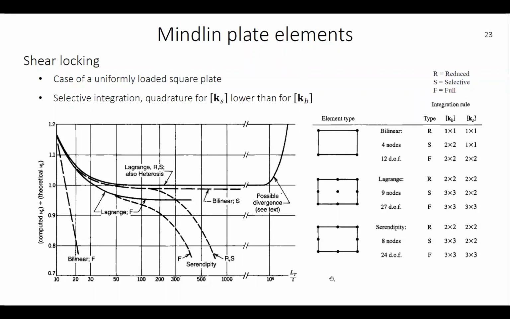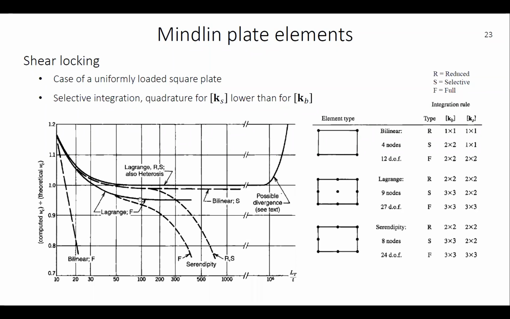If we go to higher order elements, we have the 8-noded serendipity element and the 9-noded Lagrange element. Similar definitions as we saw for the higher order plane elements. And if you have full integration for, say, the Lagrange 9-noded element, we also have slightly overstiff behavior over here.